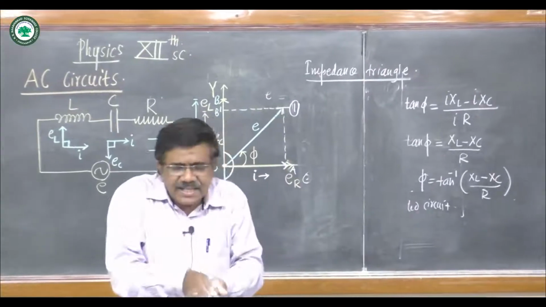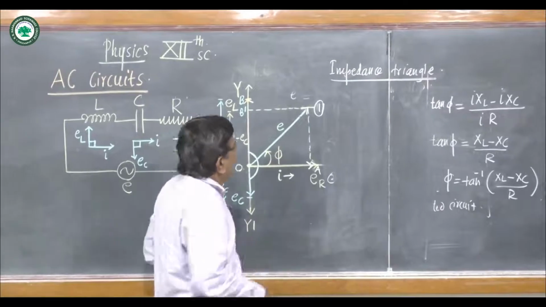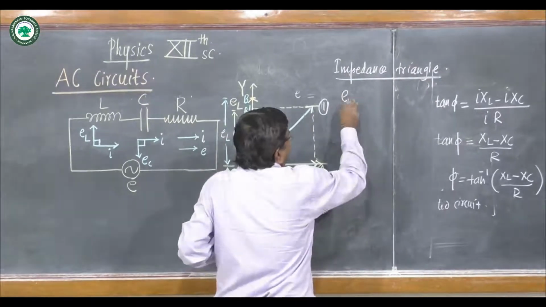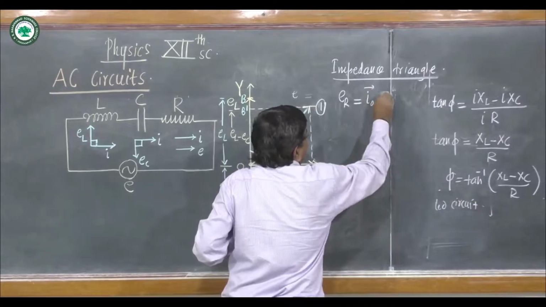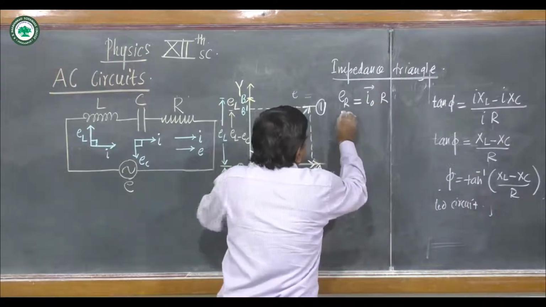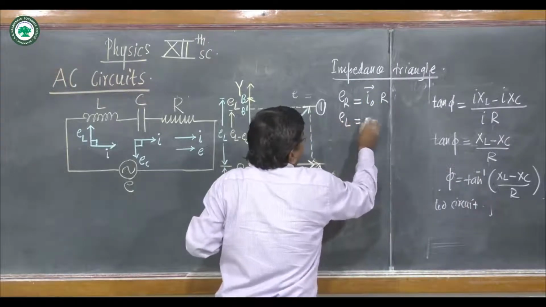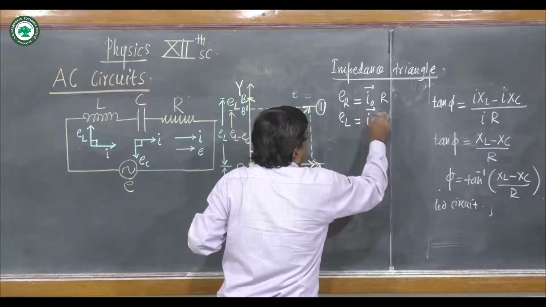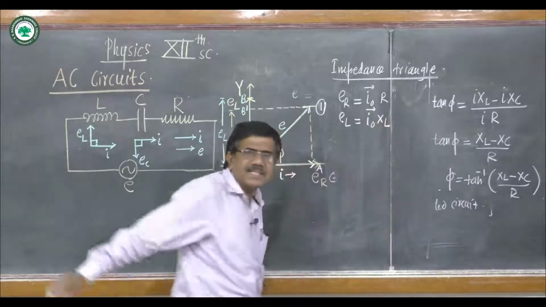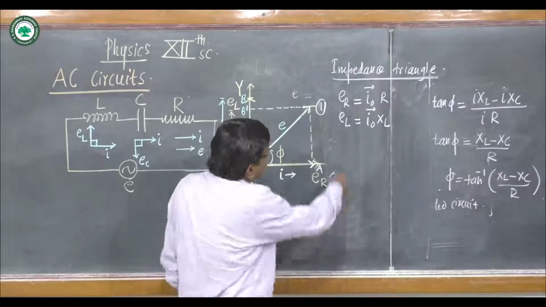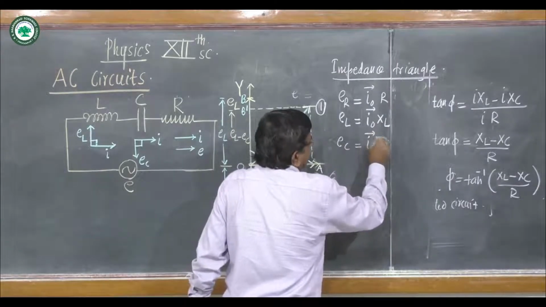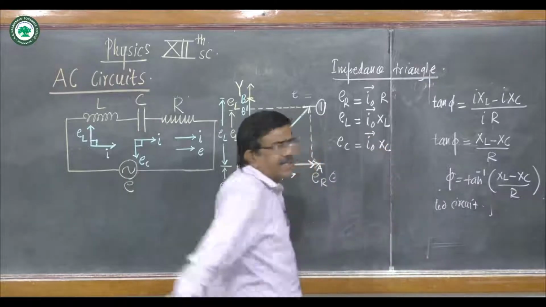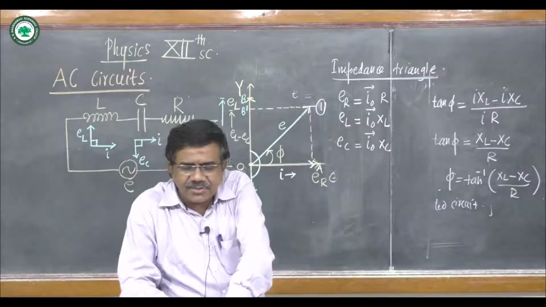When the alternating EMF is applied, the EMF across the resistor is I0 into R, the EMF across the inductor is I0 into XL, that is the inductive reactance, and the EMF across the capacitor is I0 into XC. XC is the capacitive reactance.